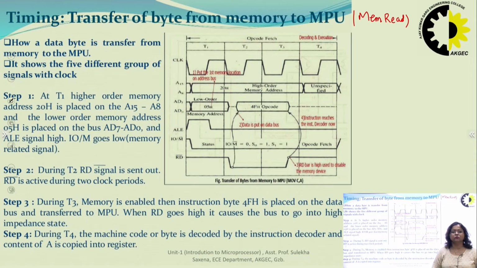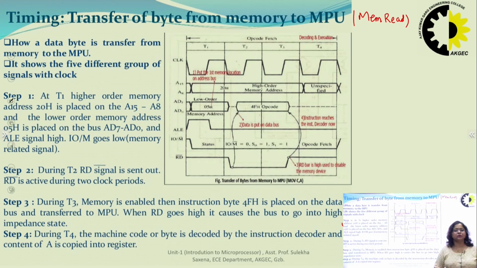During T2, the read bar signal becomes low, which activates the data, and the data is read from T2 to T3 states. So during T3, memory is enabled, then instruction 4F is placed on the data bus and transferred to the ALU.